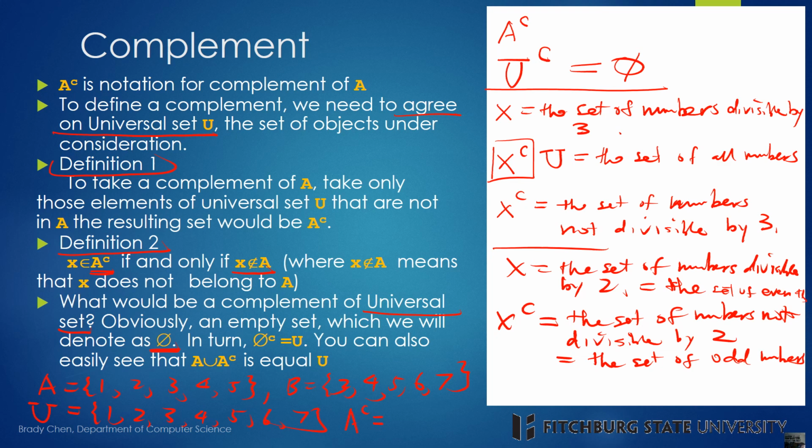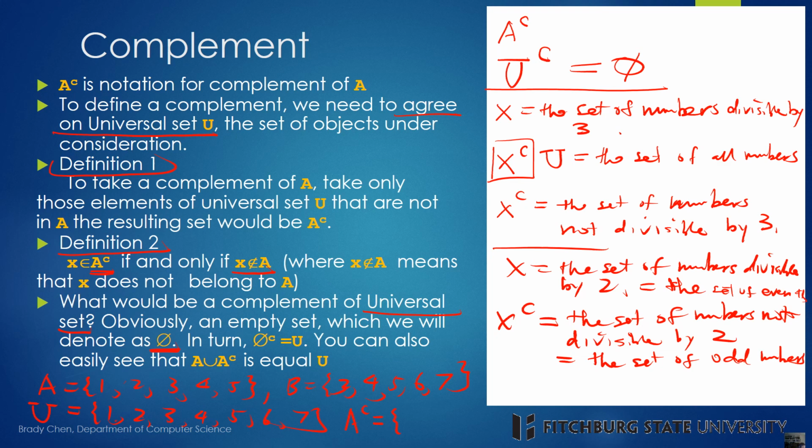Now, if the universal set is also a finite set, the complement of A should be the set which contains the elements of U but not the elements of A, right? So what is the complement of A?